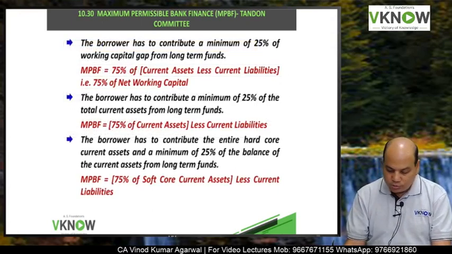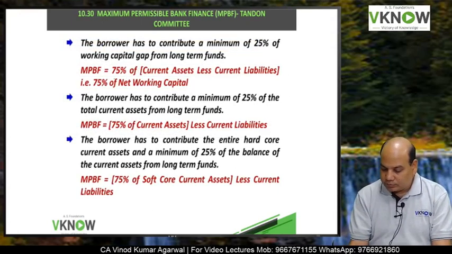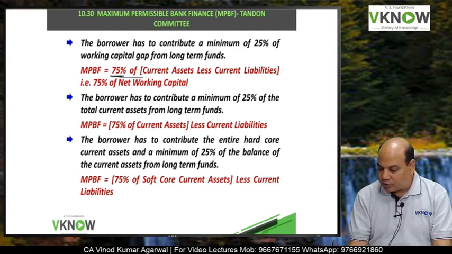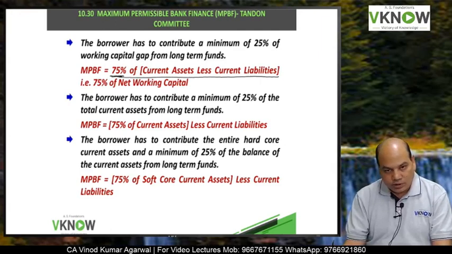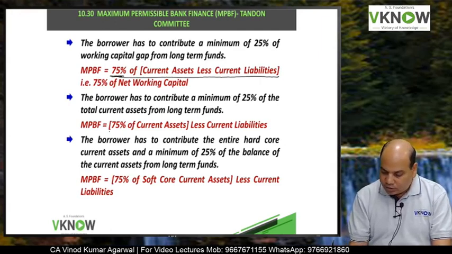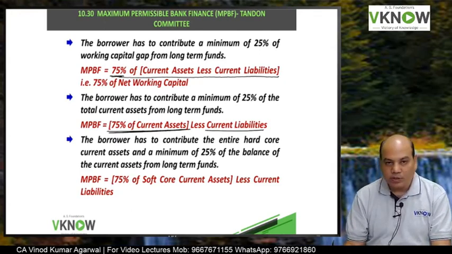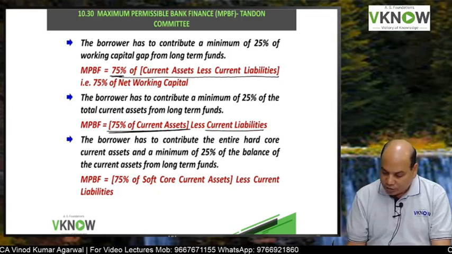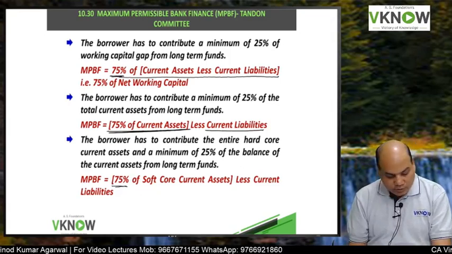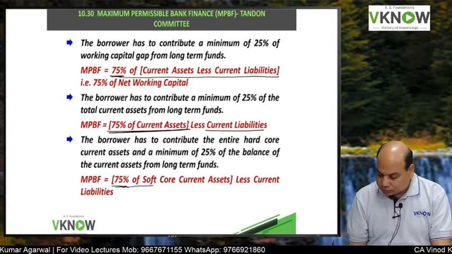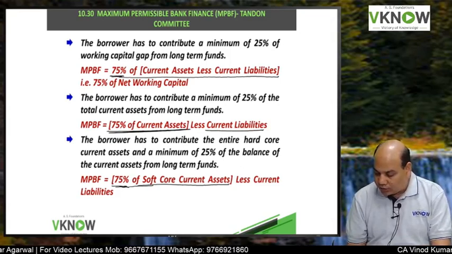And now in the note below they have written the same formula. Under method 1 it is 75% of current asset minus current liability. Under method 2 it is 75% of current asset minus 100% of current liability. And under method 3 it is 75% of the soft core current asset, minus current liabilities.